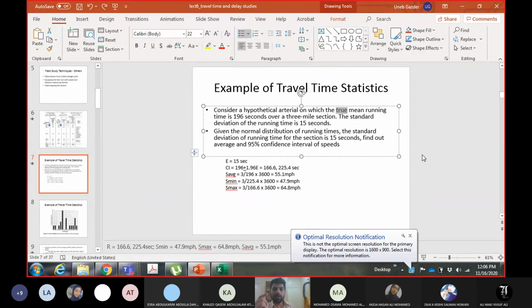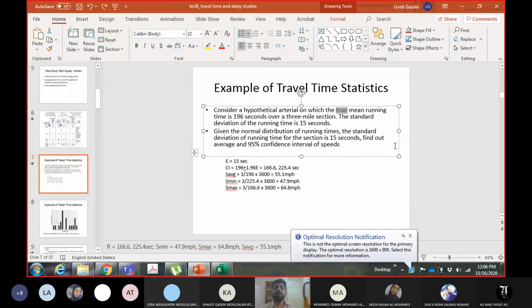If the mean is given for the whole population, I can assume the standard deviation is also given for the whole population. If you give me some data, I will assume that the whole data is on the same scale. So if one thing is for the population, the other is also for the population. How did I define E? E is the standard error, the standard deviation for the whole population.